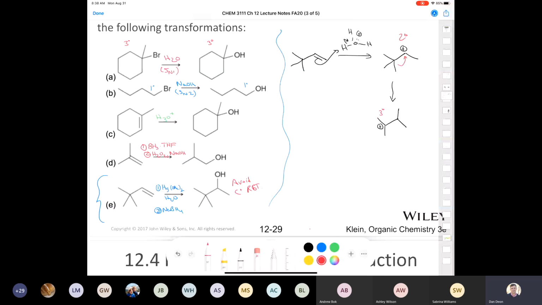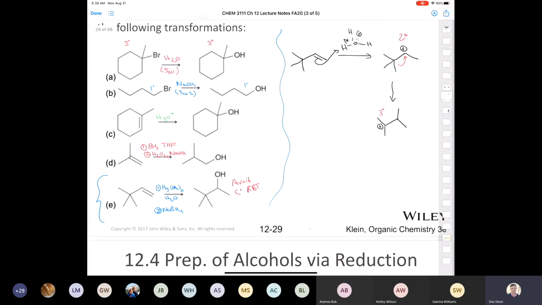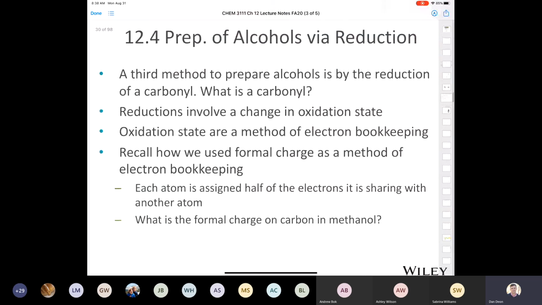All right. Well, that's enough about that. Now let's get into the really fun stuff, what you came here for, which is learning some brand new, exciting reactions. It says here, a third method to prepare alcohols is by the reduction of a carbonyl. What is a carbonyl? A carbonyl is when you have a carbon doubly bound to an oxygen. And if you're thinking, well, isn't that a ketone?